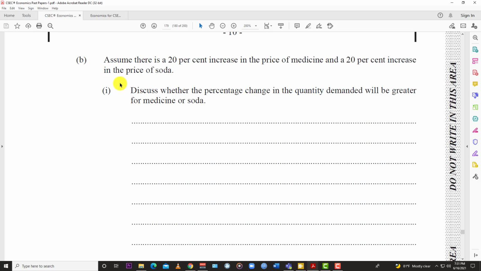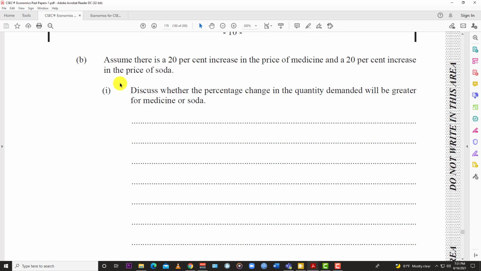Now from these two, one of them has tons of substitutes. For the other one, not so much. The classic example we give is insulin. That's a medicine, and there are not many substitutes out there for insulin. So if the price for insulin goes up, the demand wouldn't really change that much, because that would be inelastic demand. What else are you going to buy? There's no substitute out there.